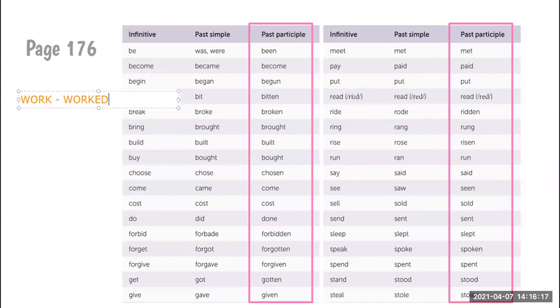And in the past participle form is the same verb, worked. ¿Ok? ¿Recuerdan los verbos que terminan en ed, que son regulares? ¿Ok? Entonces, todos los verbos que terminan en ed en el pasado simple, también en el past participle terminan en ed. ¿Ok? Los que tenemos que aprendernos son los que son irregulares. ¿Ok? So, this is the past participle form of the verb. Any questions until here?